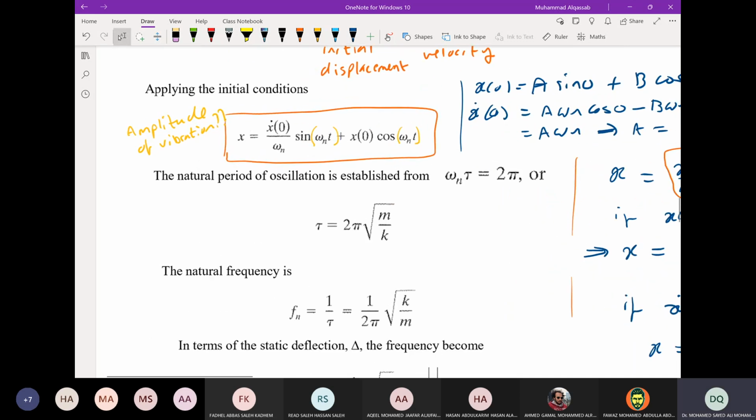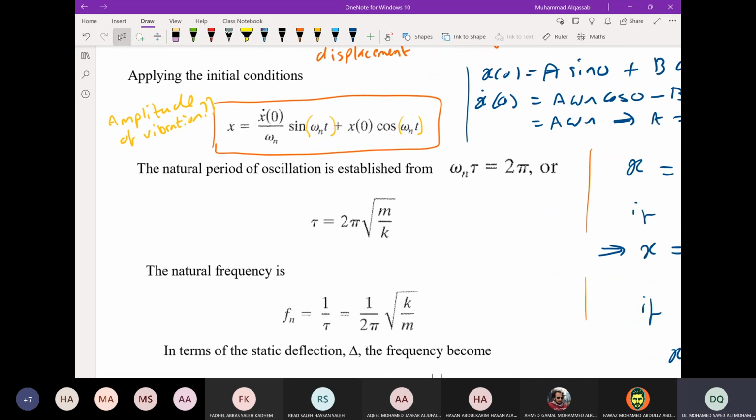Since the motion of the spring mass system is harmonic, those equations are also valid. The natural period of oscillation is established from omega n tau equal to 2 pi. What is tau? Tau is the period of oscillation, which is the time required to complete one cycle.